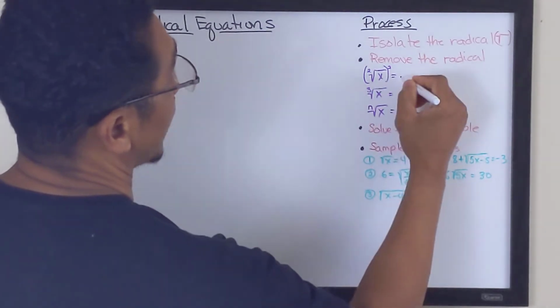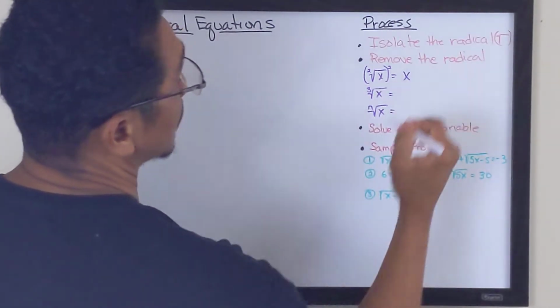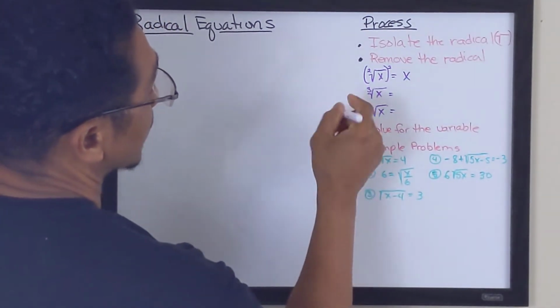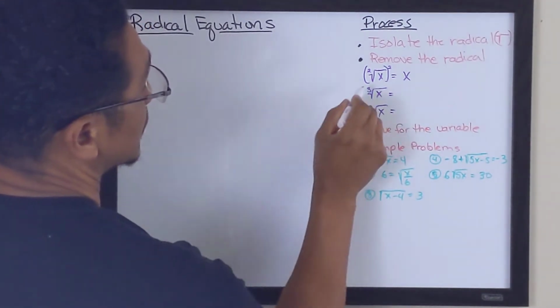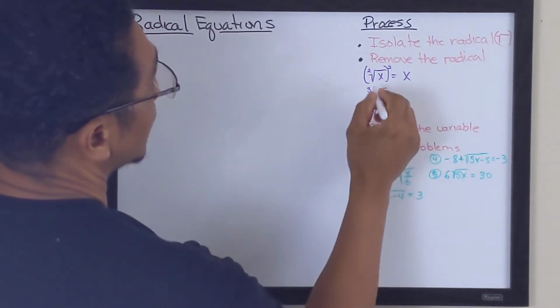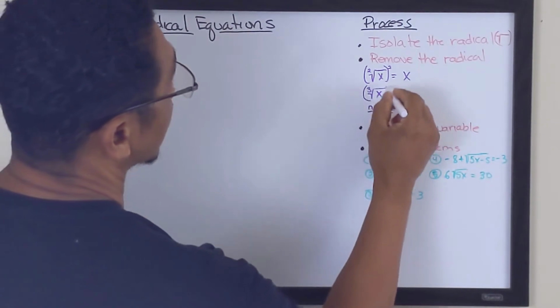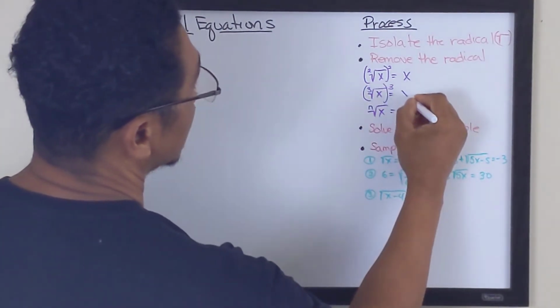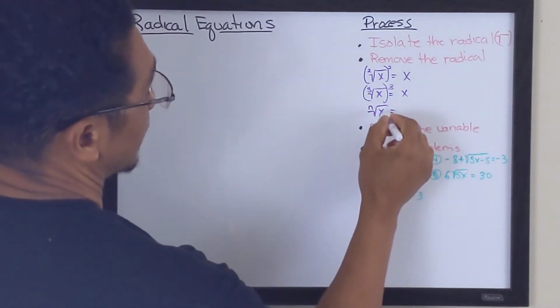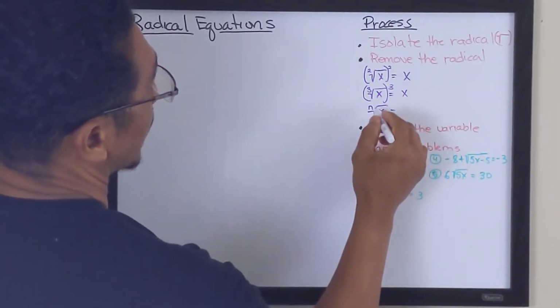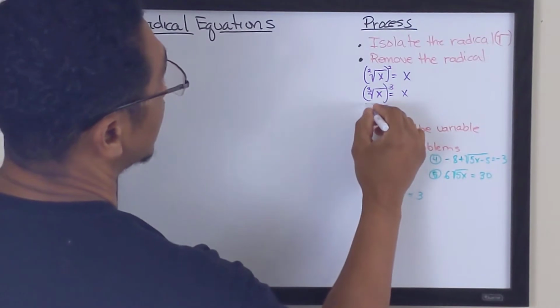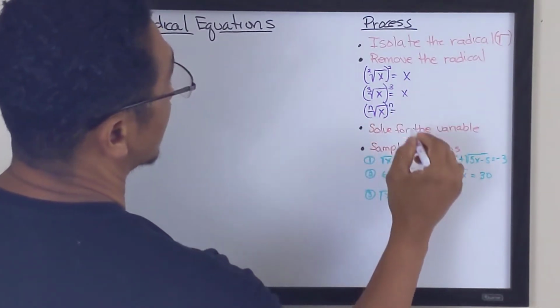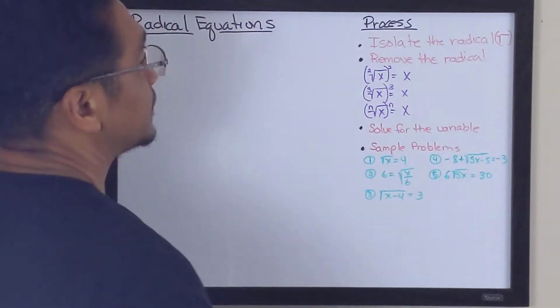That will get rid of the square root and leave me with x. Consequently, if my index is a 3, this would be a cube root of x. To get rid of this radical, I would have to raise it to the power of 3, which will give me x. And if we have whatever the index is here, I would have to raise that to that power, and that will give me an x.